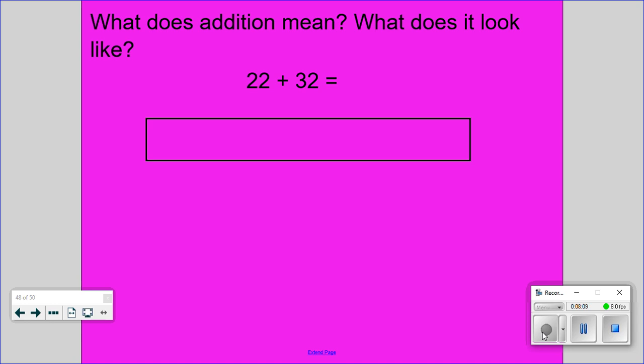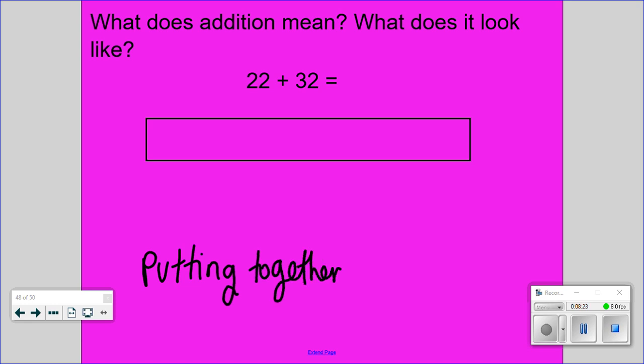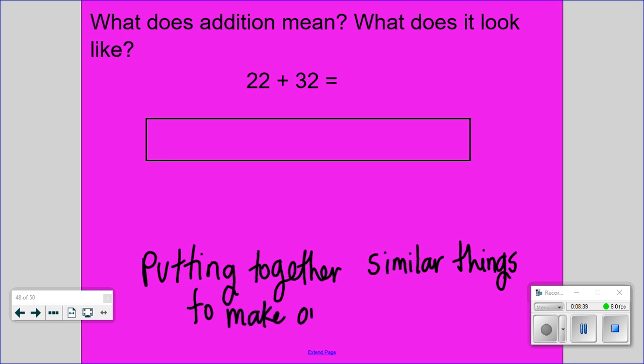Oh, so when I am adding, I am putting similar things together to make one group.